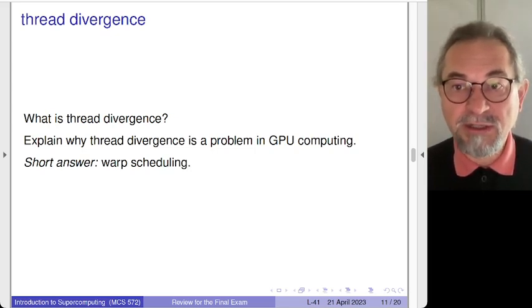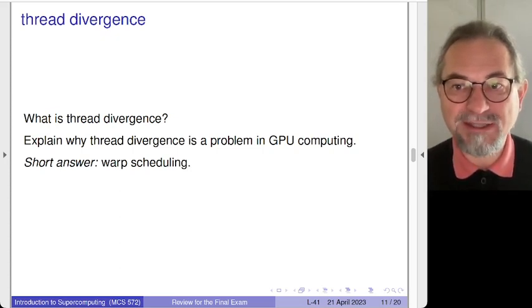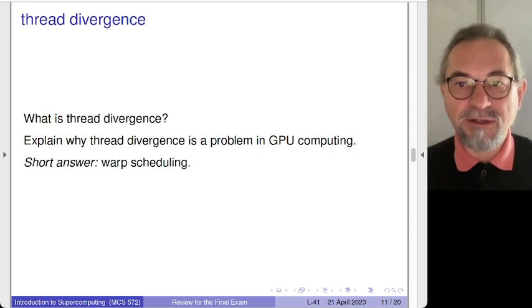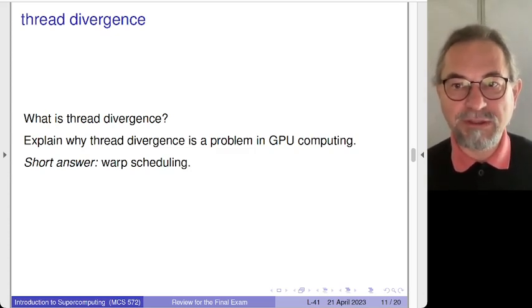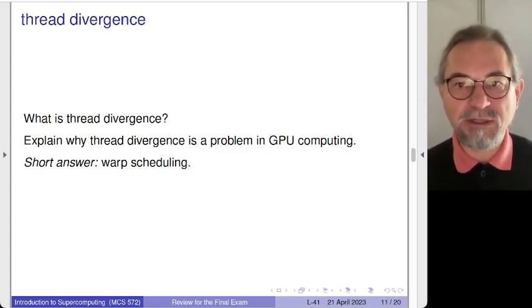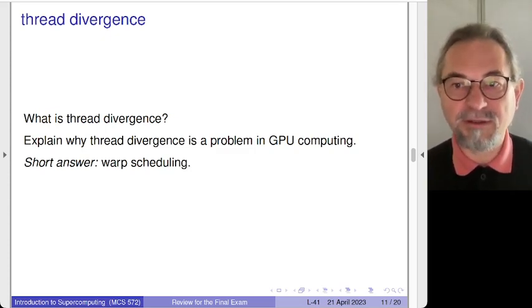The scalable model for graphics processing units is that the threads are executed in blocks of 32. So a warp is a unit of 32 threads, and it is instruction level, multi-threaded, single instruction, multiple threads.